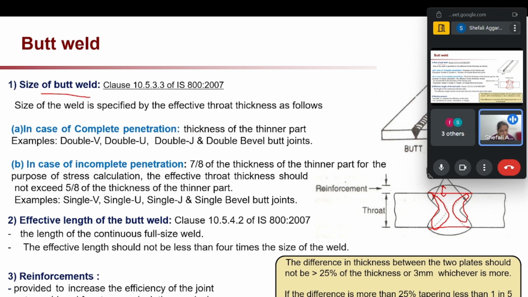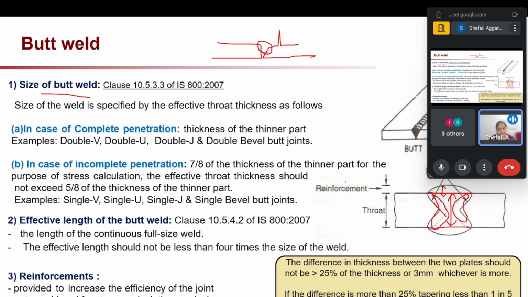When our two plates are welded through the complete, full depth, that is called complete penetration. But if our welding does not go till the full depth, then it is called incomplete penetration.